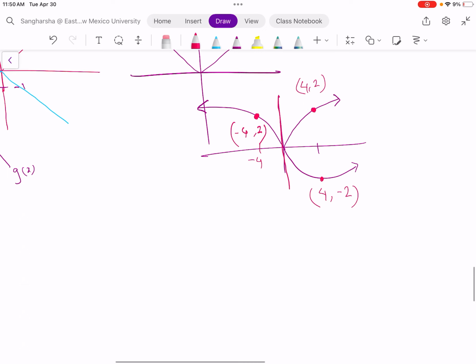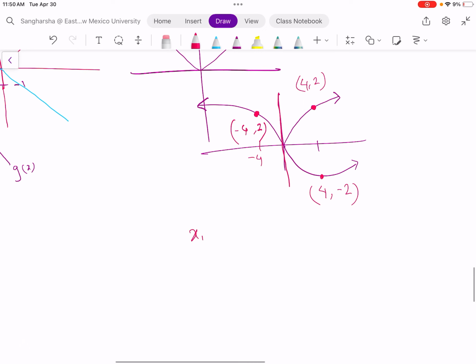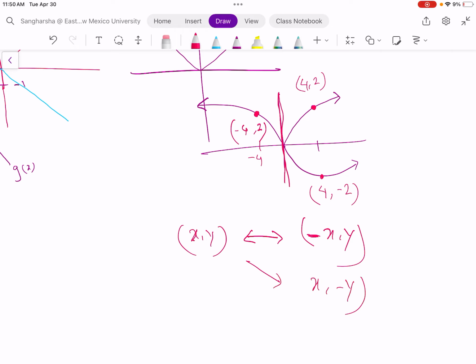In general, if you have a point x, y, and you take the point -x, y, changing the sign of x, that is the reflection across the y-axis. But if you switch the sign of y, you get the reflection across the x-axis.